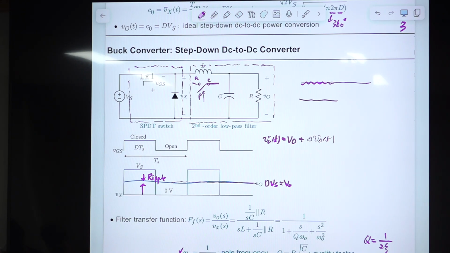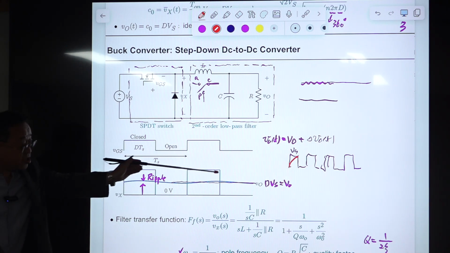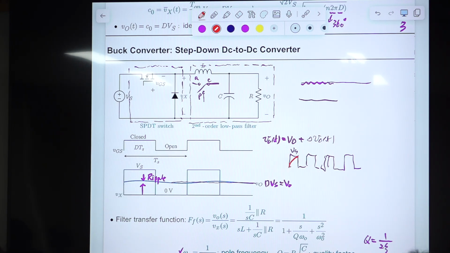So the input of the low pass filter is this one, Vs, something like this, right? Then the output, initially, the input is high, then the output will try to follow this with some delay. At this point, the input is reduced to 0. It tries to follow this, like this, and eventually, in steady state, it will approach this.